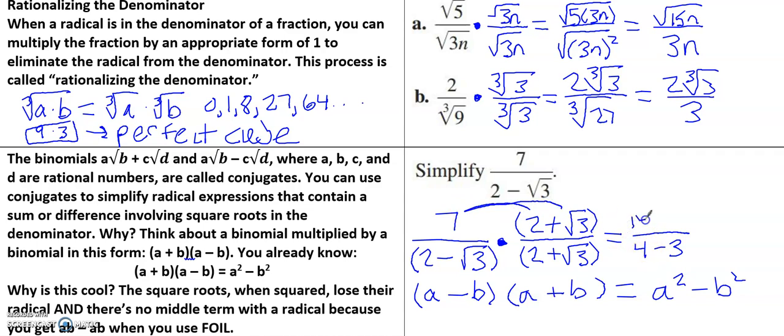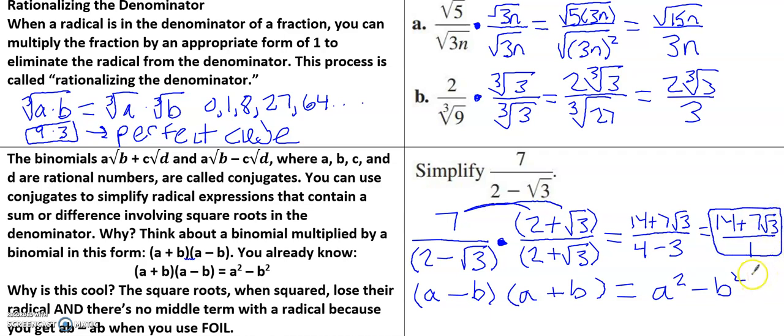That's 14 plus 7 root 3. In other words, we have 14 plus 7 root 3 over 1, which you don't even have to put the over 1, of course, but doing it doesn't change anything.